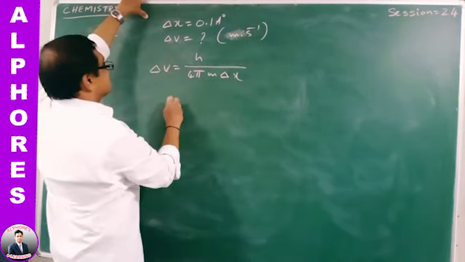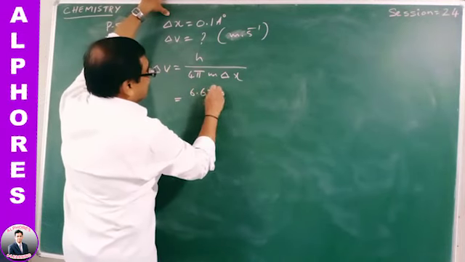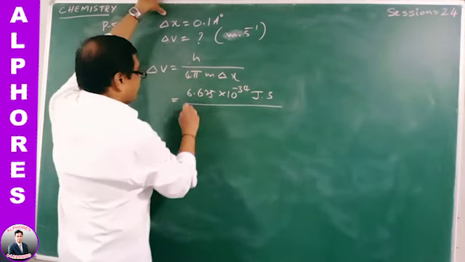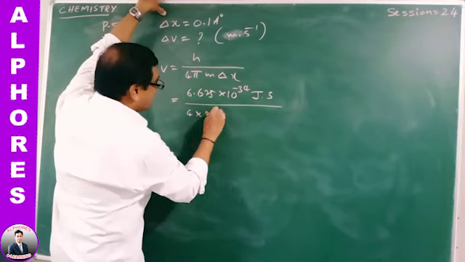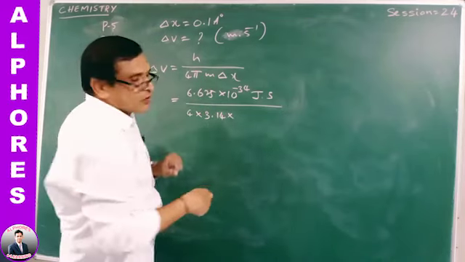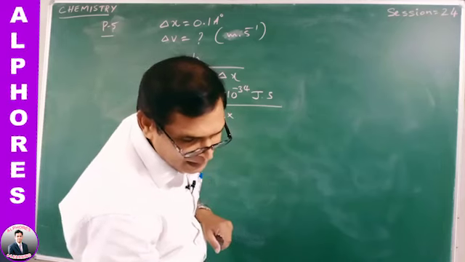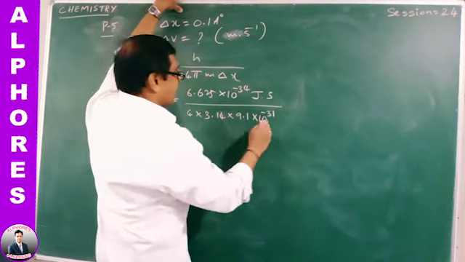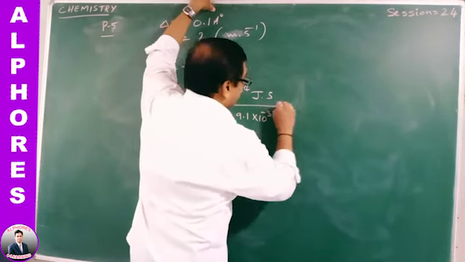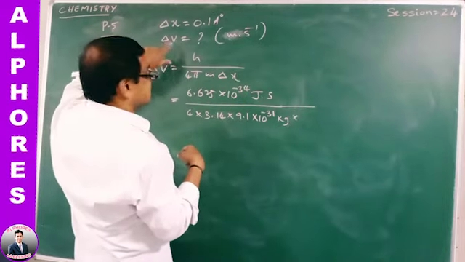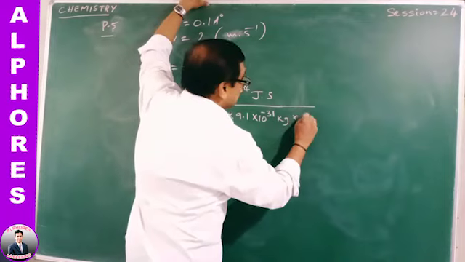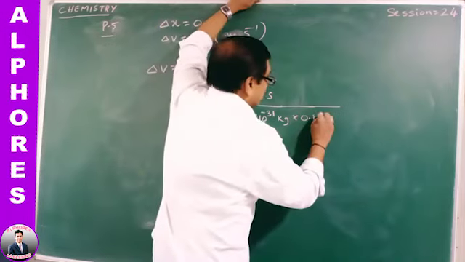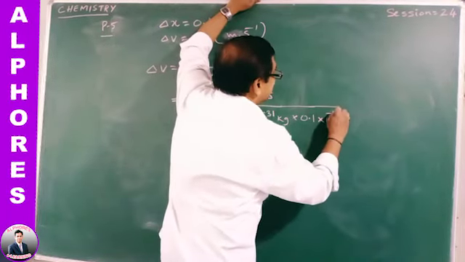Substitute 6.625 into 10 to the power minus 34 joule second, by 4 into pi value 3.14 into the mass of the electron, 9.1 into 10 to the power minus 31 kg, into the uncertainty in position 0.1 angstroms, which we must take in meters, so into 10 to the power minus 10 meters.